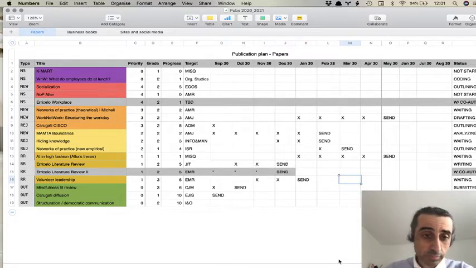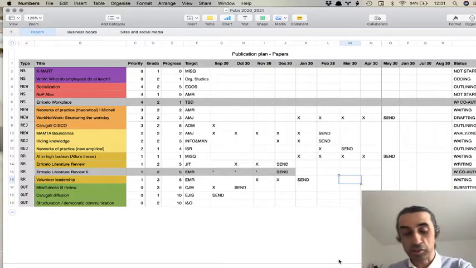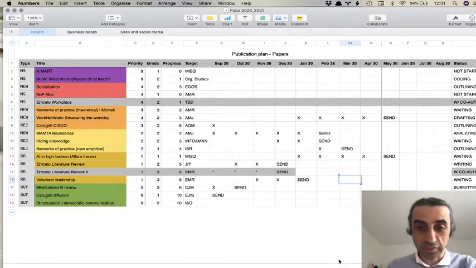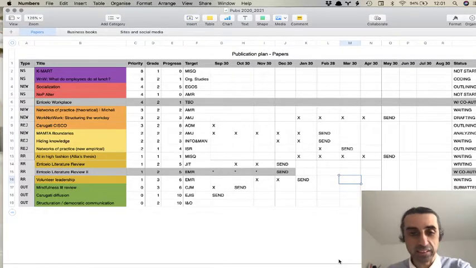Anyway, the goal of this planner is to make sure that I have 2 or 3 submitted papers every year, right? So this is less of a tracking tool, although obviously it can be used for that, and more of a planning tool, a sort of a strategizing tool.